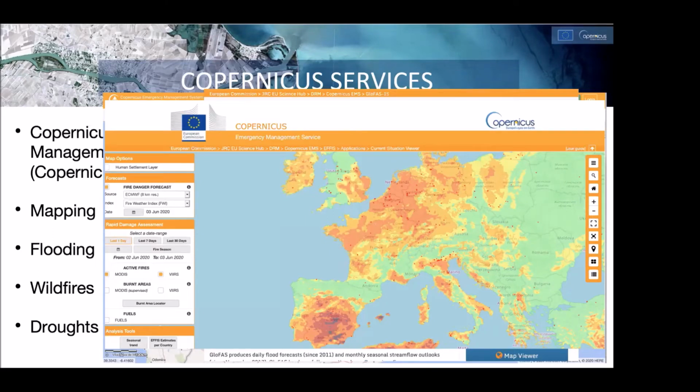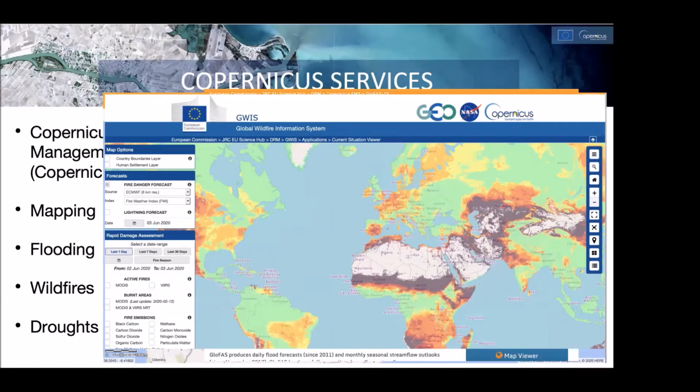So again, this is something that can be viewed globally. Also within Europe, especially, and it's a weather-based sort of prediction, but it provides you with vegetation information that you may not consider, for example, or think is available easily.